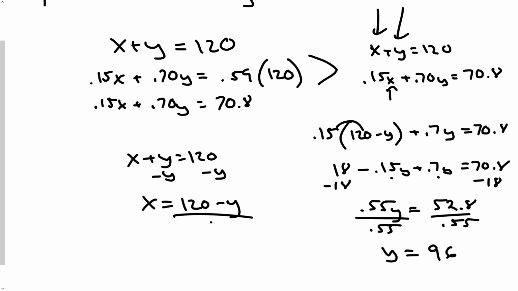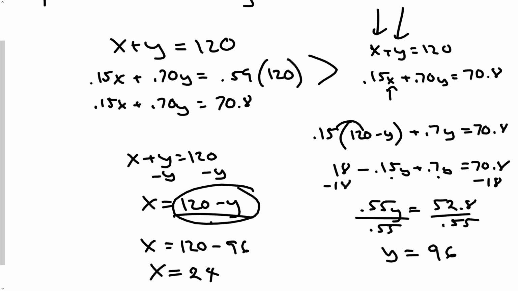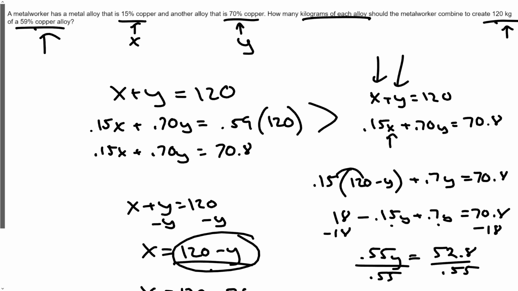And now I have an equation to give me x. So x is going to be 24. So that means I'm going to take 24 kilograms of that one, 96 kilograms of that one. I'm going to mix it together, and the result would be 120 kilograms of a 59% copper alloy.